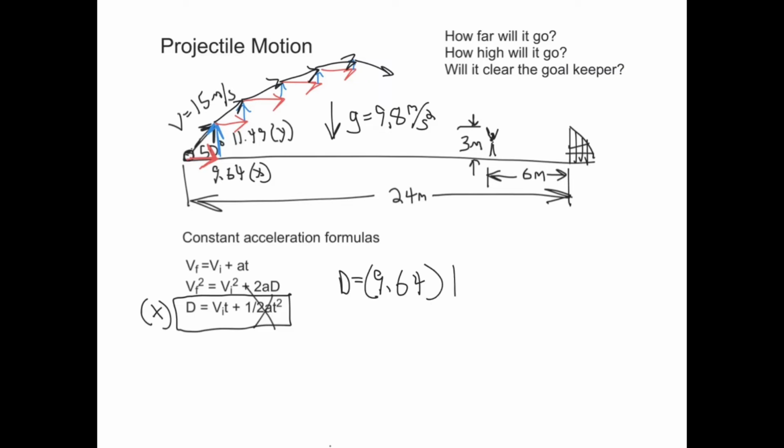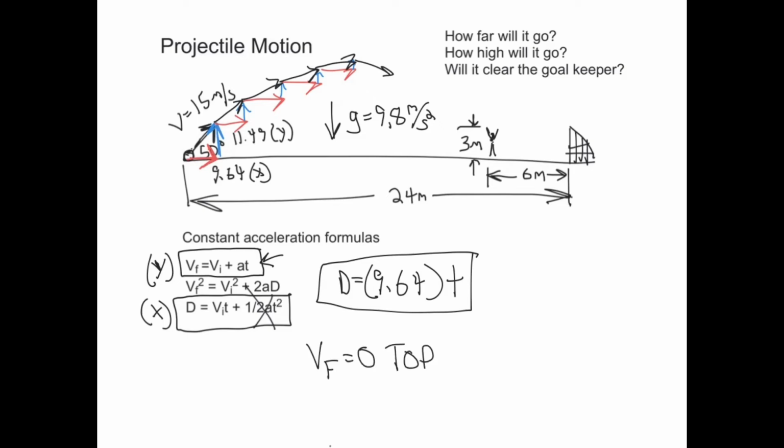Now we don't know time just yet, but we can find time using this other formula, final velocity equals initial velocity plus acceleration times time, in the y direction, because it is the gravitational direction that is in fact controlling how long this ball is in the air.